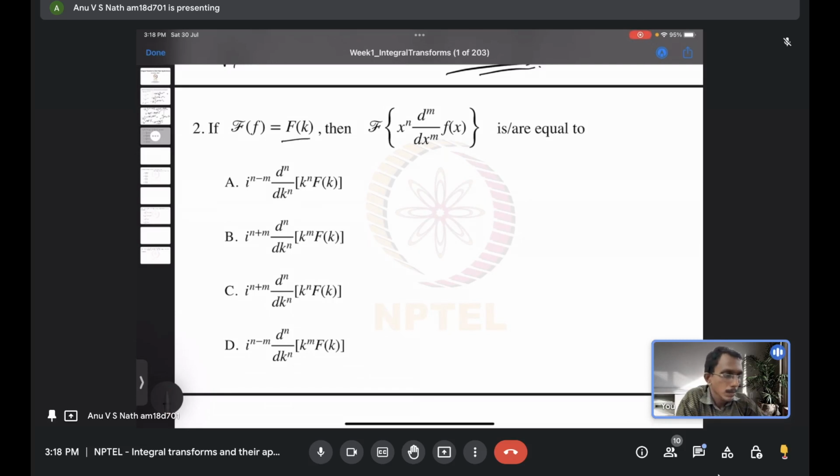So what will be the Fourier transform of this combination, which is x raised to n times the mth derivative of f of x? We have 4 options here, so you can try out. This is actually easier to do. It just uses the property of the Fourier transform. So you can try out. I may give a minute for you to try. If you found the answer, you can either tell me, or you can text in the chat box.